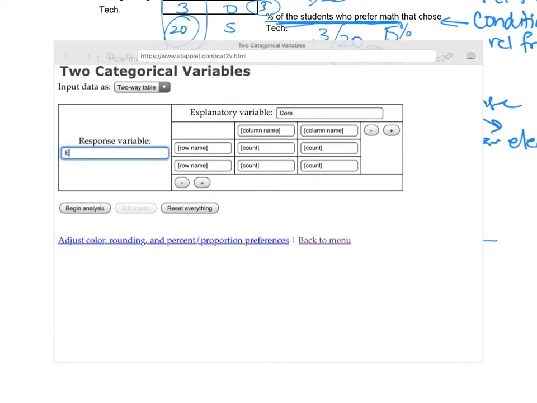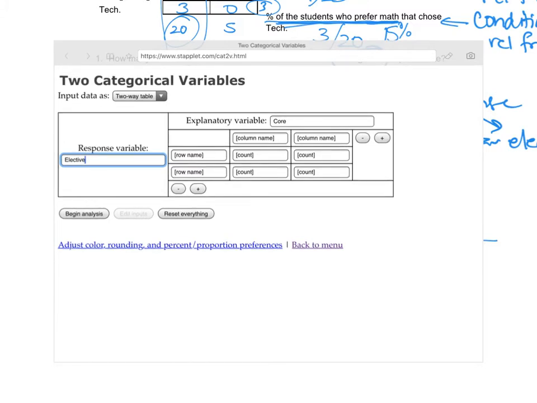And the response was elective. And this right here is math. And column name is English. Oops, English. The row name here is art. This row name is music.